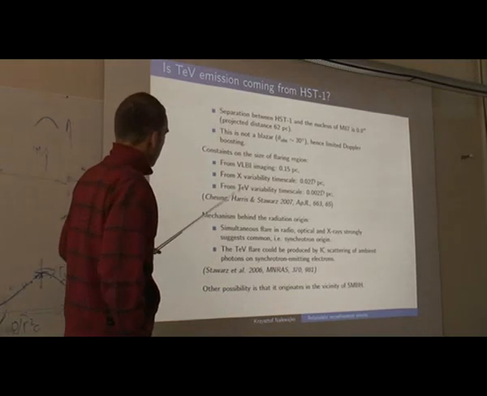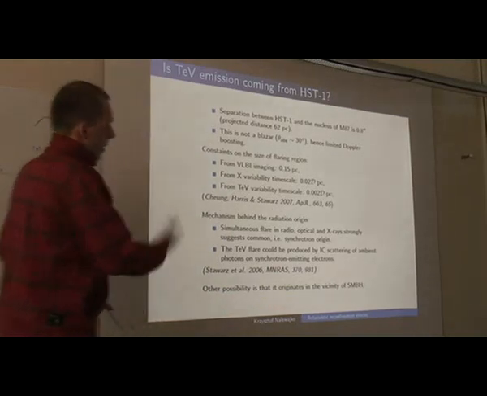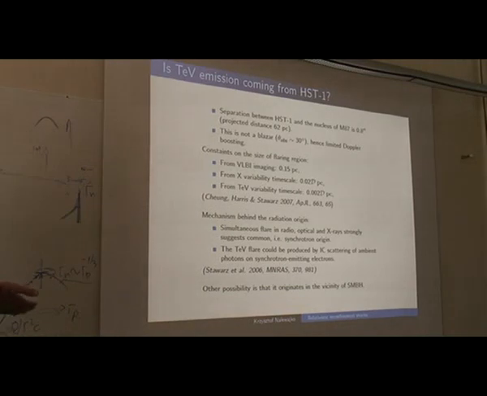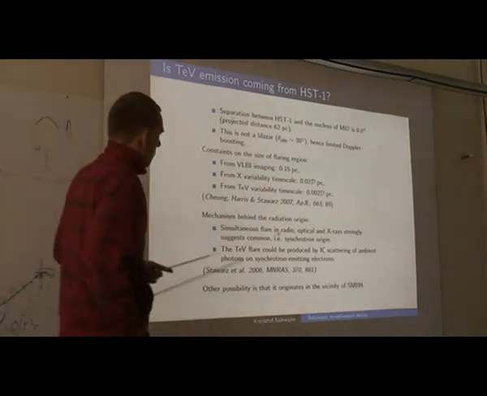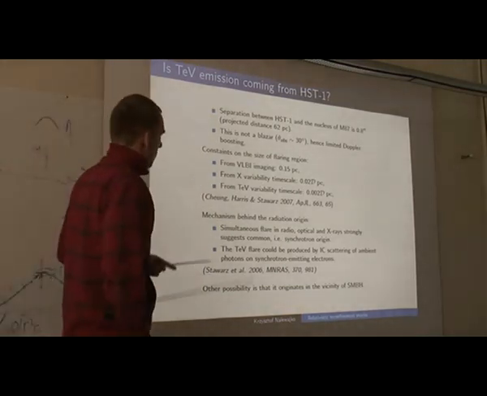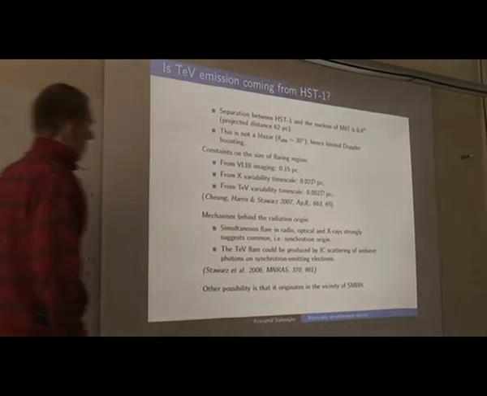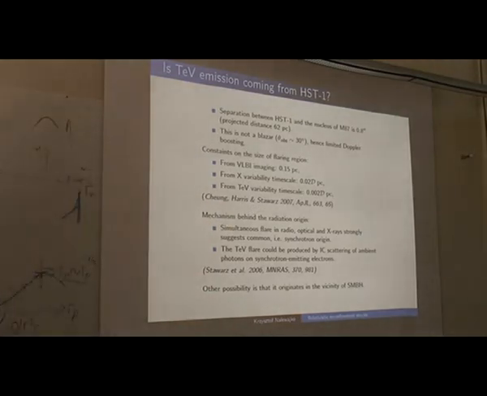But from the TeV variability, if it is produced at the same position as, for example, the X-rays, there is another order of magnitude more strict constraint.